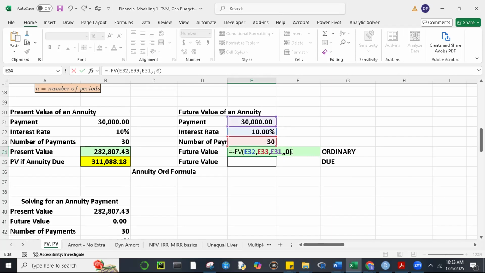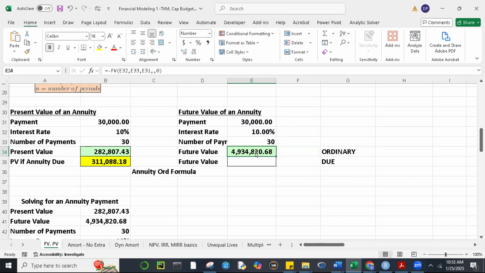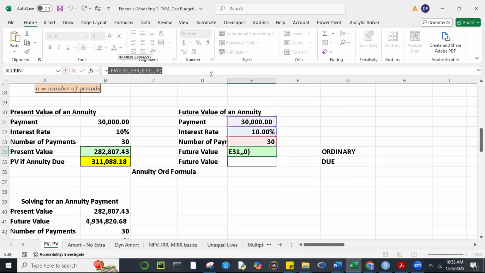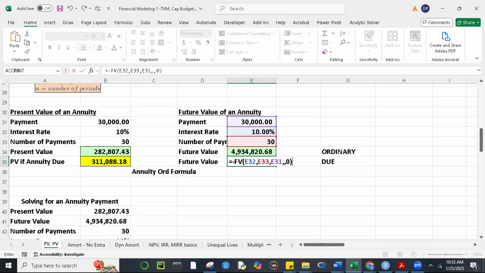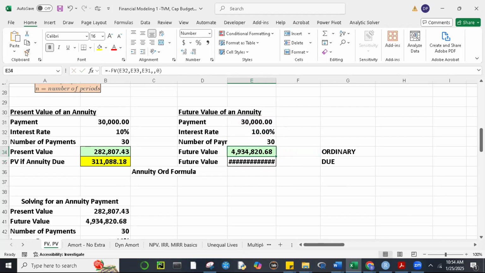Control Enter. There. Same thing, I'll just copy this again. Control C, equal sign, Control V, and then 1 for annuity due. Control Enter. Copy the format. Okay, 5428, 4934.